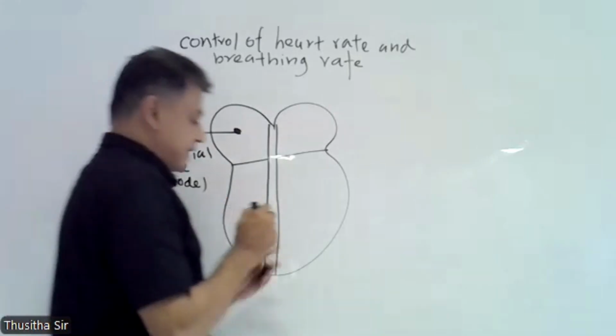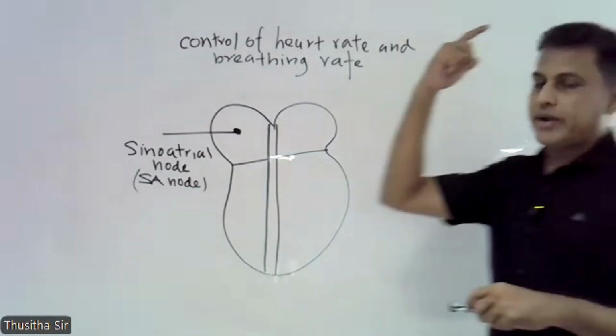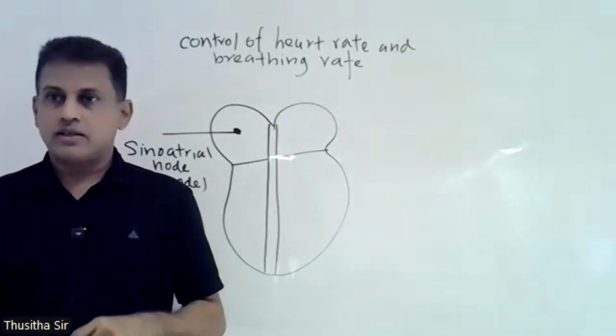The SA node is the one that actually depolarizes and repolarizes rhythmically.